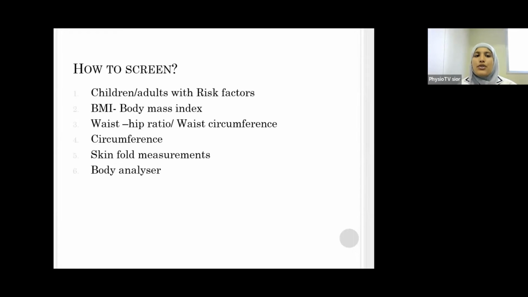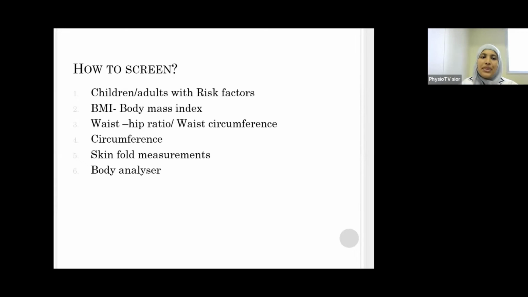If a person comes to you who has accumulation in the visceral as well as the peripheral region, your waist and hip centimeters or inches will both be more, leading to the ratio coming on the normal side, which can be misleading. Hence, waist circumference came into place, which is a better outcome measure than waist-hip ratio. This waist circumference will give you particularly the circumference of the waist or the central obesity, which is why waist circumference is now more preferred than waist-hip ratio, as it has more validity and reliability.